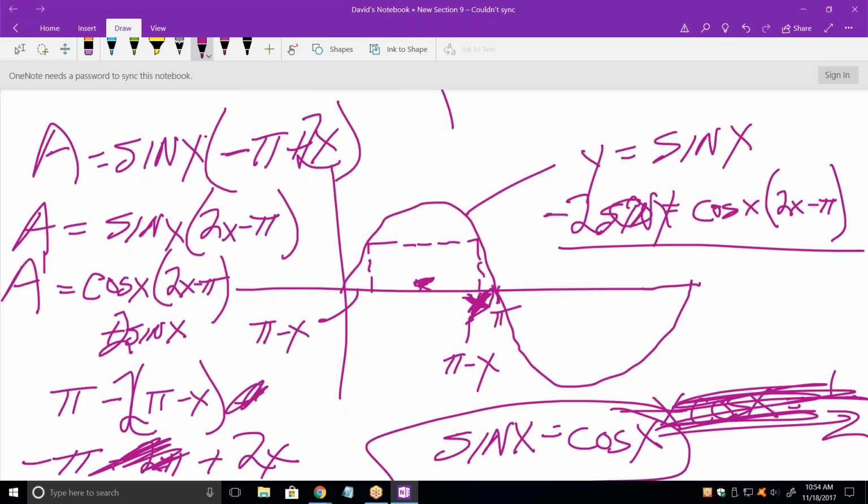Turns out that we know that that happens at 45 degrees, but only that. If I said sine of 2x equals cosine x, I'd have a lot harder time solving it. Although, if I did have this, I could change the sine of 2x into an identity that was just cosines.